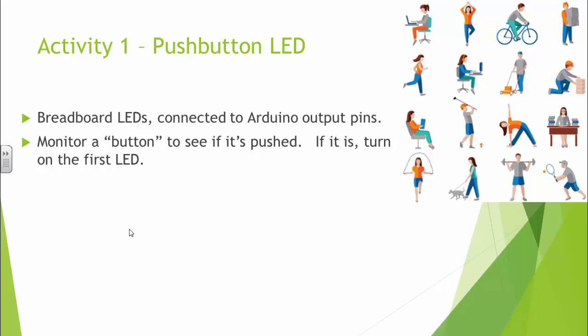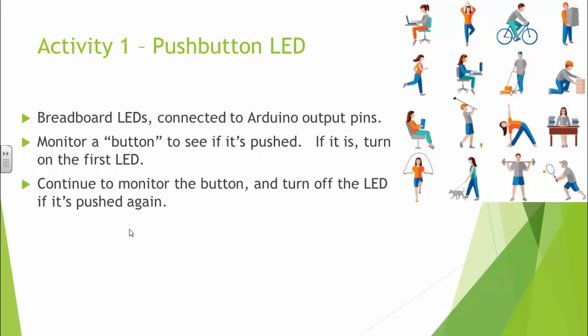But now I'd like you to implement a button. Notice the button will take the place of the LDR. Monitor the button to see if it gets pushed, and if it gets pushed, just turn on the first LED. And your sketch should, if you press the button a second time, turn off the LED.